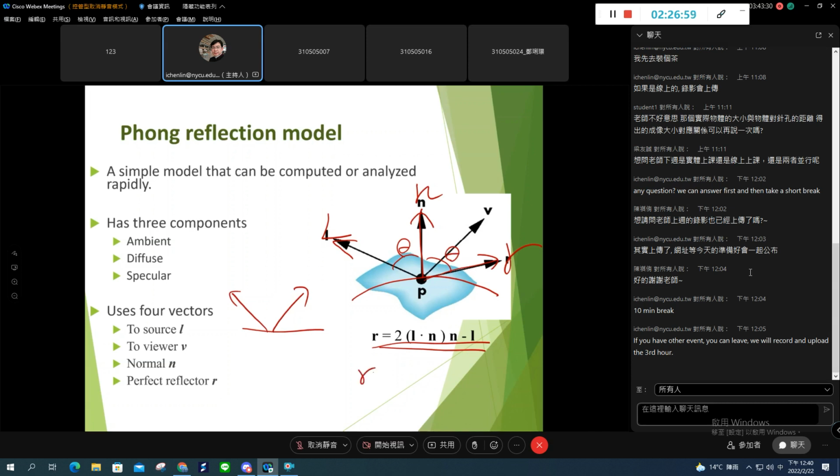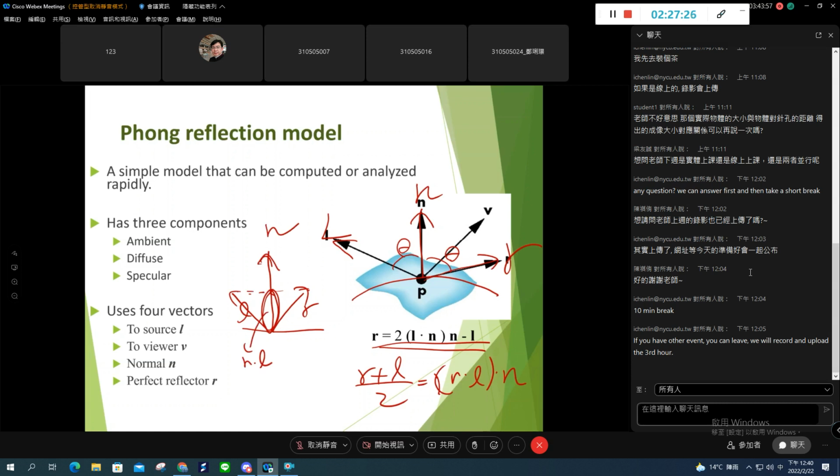The average of r and the light arrow is this point, which is n dot arrow times n. This is the projection: this ratio is n dot arrow, and this direction is n.